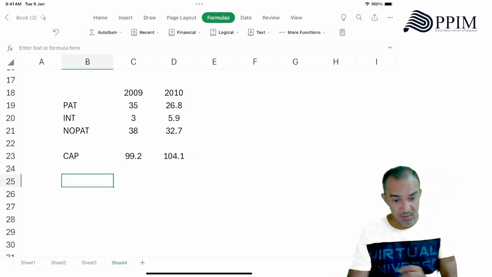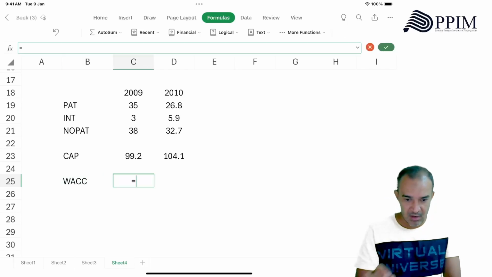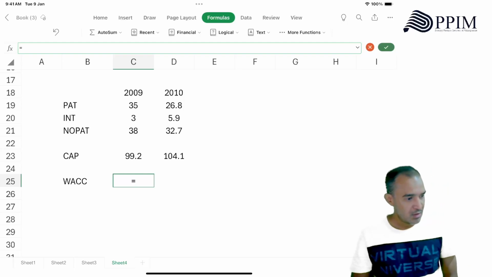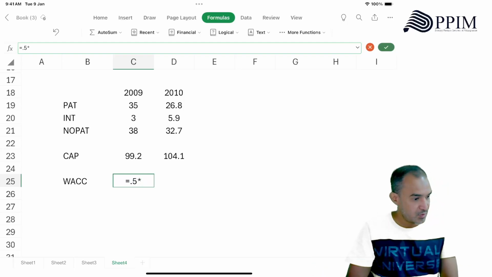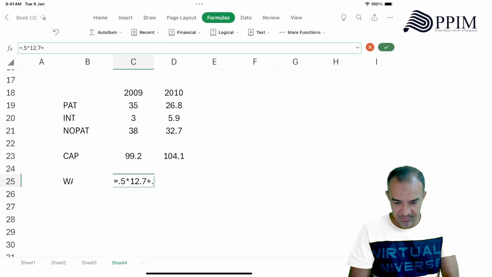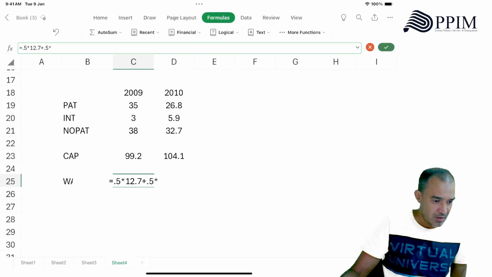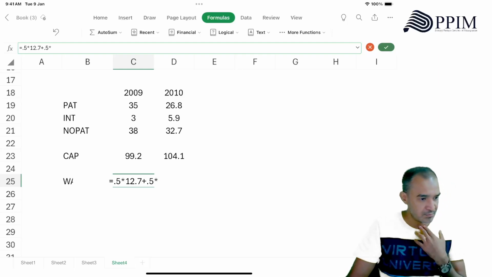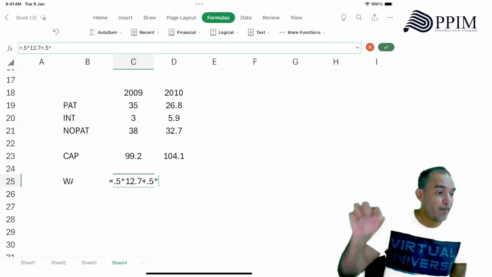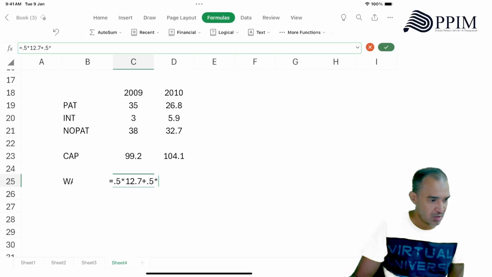WACC needs to be calculated, right? So WACC for 2009 should be 0.5 into 12.7 plus 0.5 into, now here they have given you the post-tax cost of debt, so we can take it as it is, no issues, 4.2.